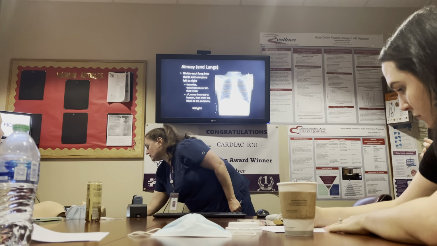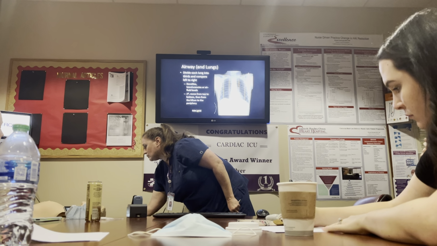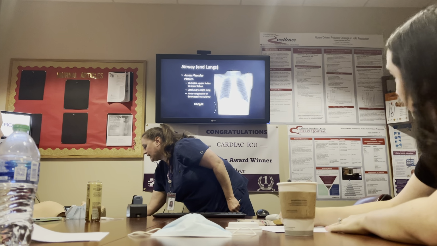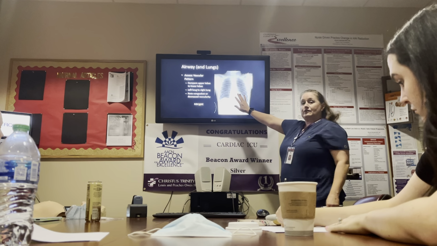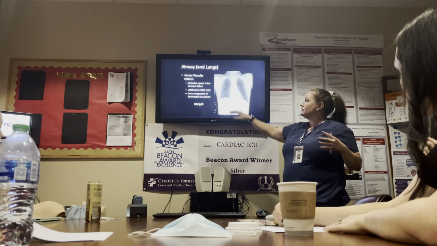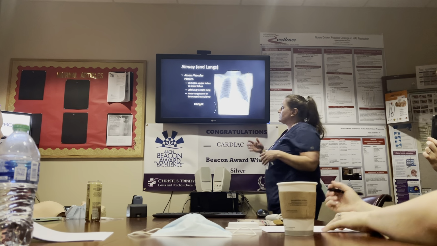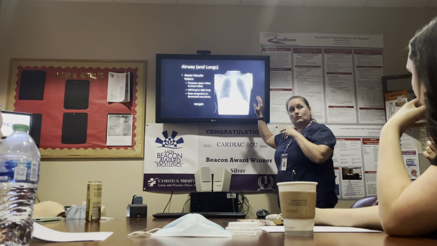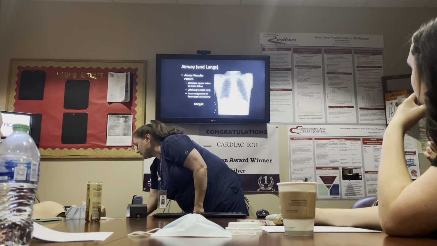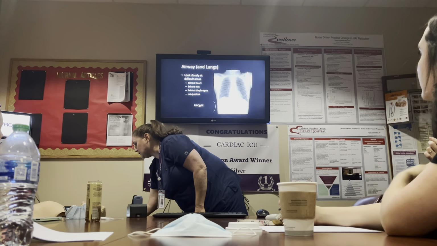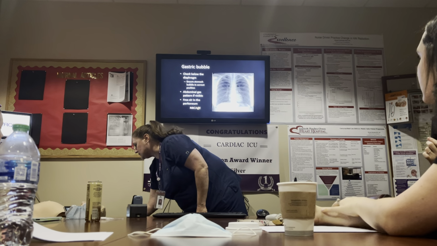I want you to do it for each one of the segments and then do it from side to side as well, because things can be hiding, and oftentimes we go right for the cardiac silhouette and don't look at anything else. Look at the vascular pattern and see if it's more congested. Is it congested on one side versus the other? And again, I've got lots of x-rays to show you. Look behind the heart, behind the hilum, behind the diaphragms, and at the apices.